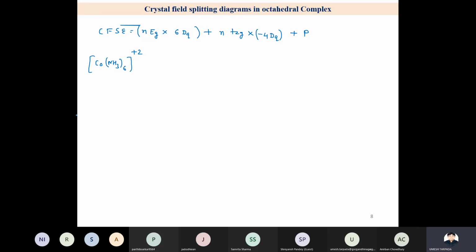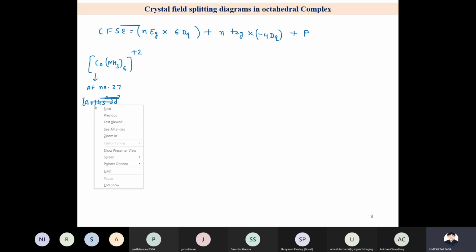So see, this is Co(NH3)6 2+, okay. So this is a strong field. Cobalt's atomic number is 27, so it's argon 18, 4s2 3d7, this is the configuration of cobalt.